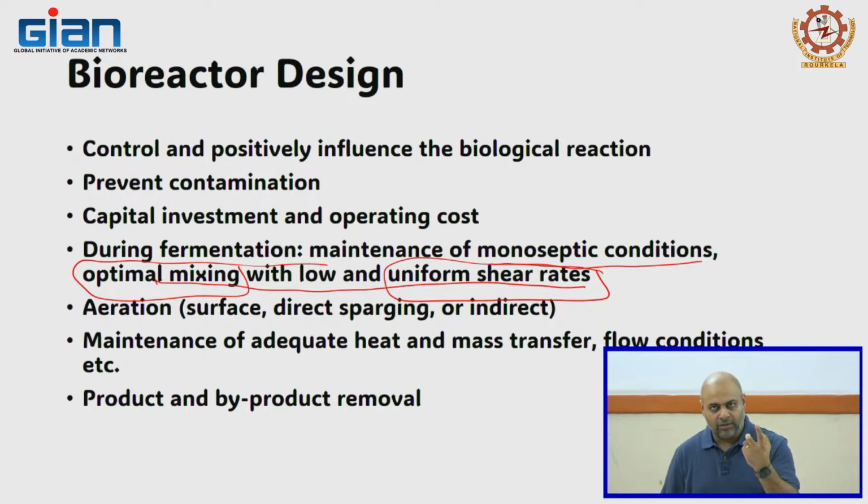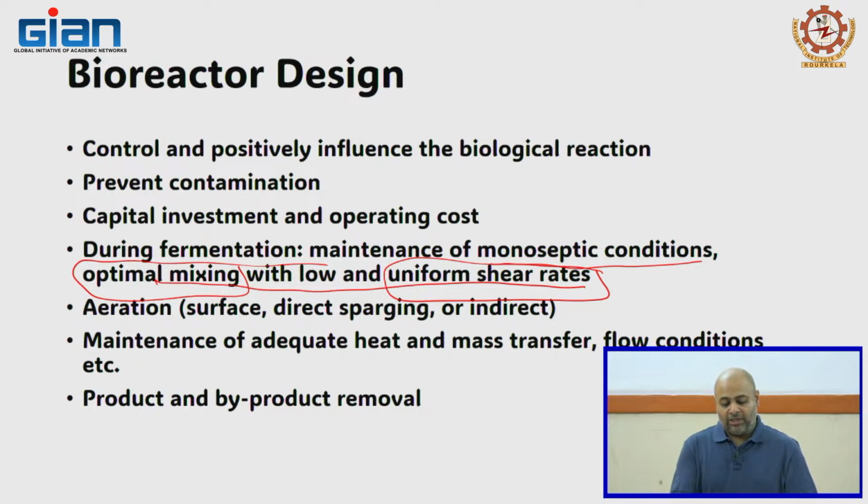Uniform shear rate, if you are able to identify the optimum shear rate or optimal rotational speed of the sparger, the mixing would be ideal. You are not going to break your cells. If you make your impeller run fast, you might break your cells. That will lead to cell lysis.